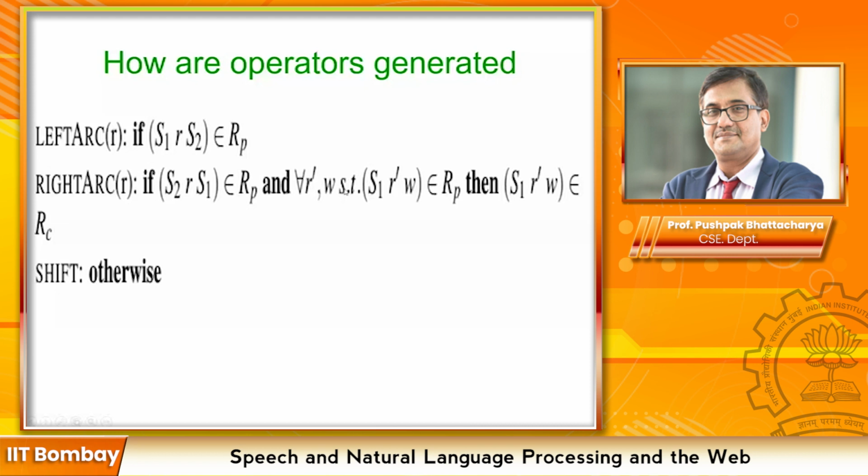That means if you observe the dependents of S1 in the dependency tree, then you can recursively post those relationships from the localized parse tree into RC, the repository of dependency relations. And if neither of these two operators is applicable, left arc and right arc, then you shift. These rules are applied to generate the training data.